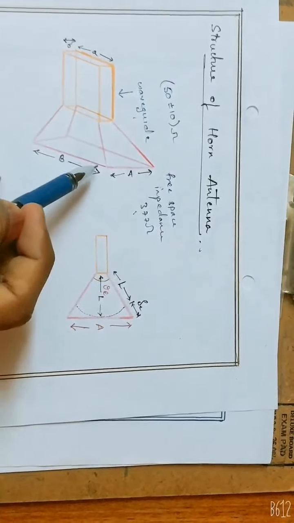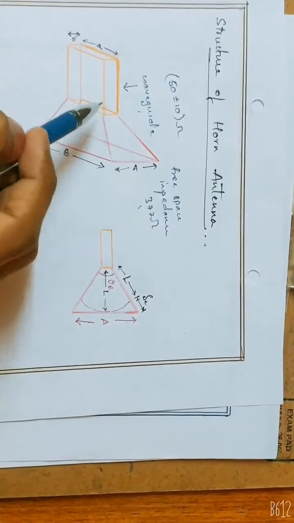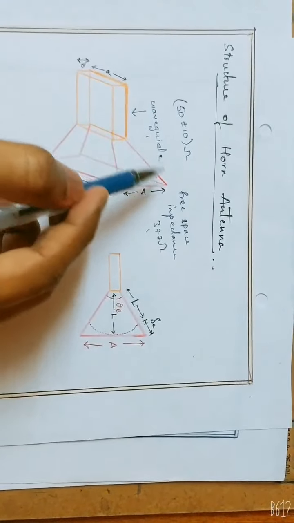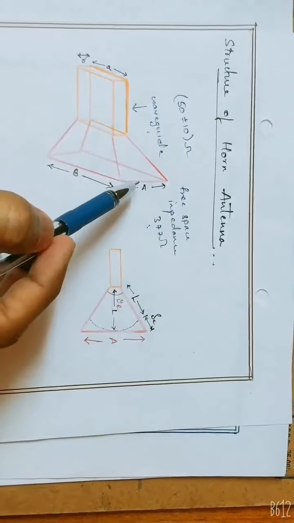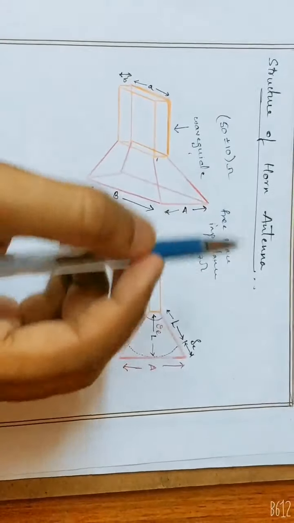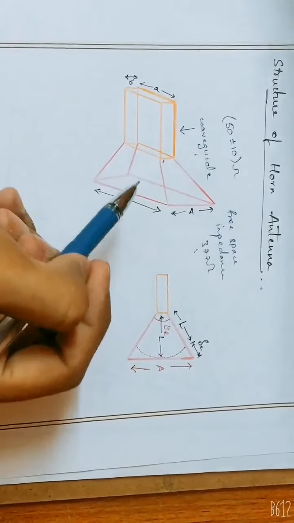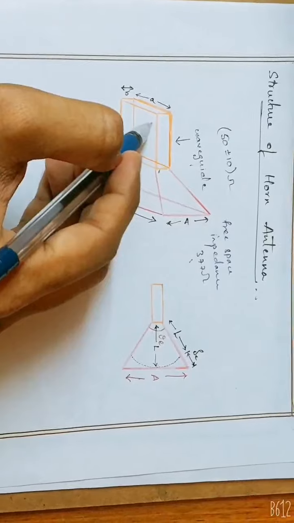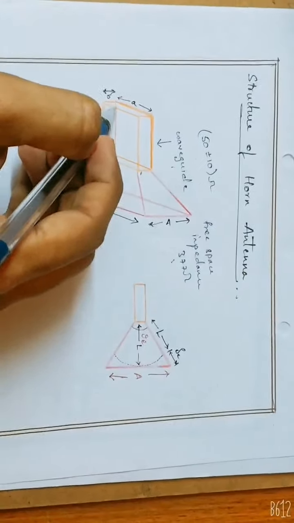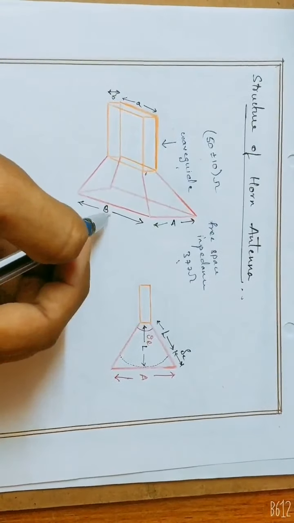So by adjusting the flaring at one end and providing a horn, which has the impedance of free space, it will now start to radiate into space. One can observe that the dimensions here are small a and small b. After flaring they become capital A and capital B.